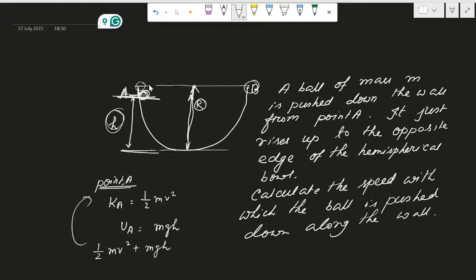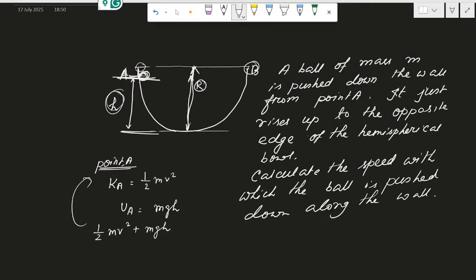But point B is the extreme of this hemisphere. At point B you only have potential energy, no kinetic energy, because it is the maximum position. That is m into g into R, because the maximum height is R, the radius of the ball.